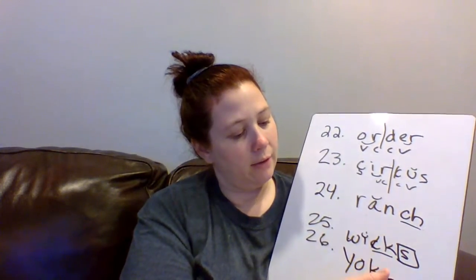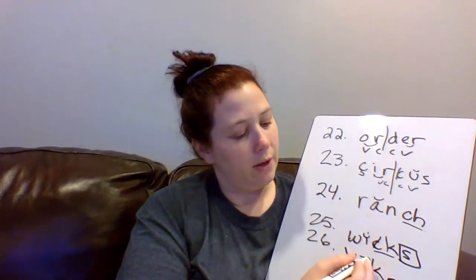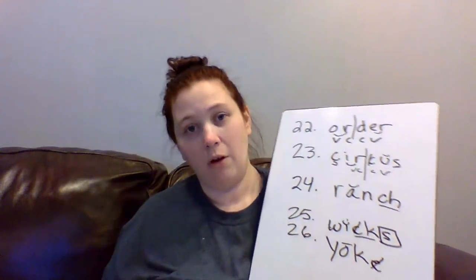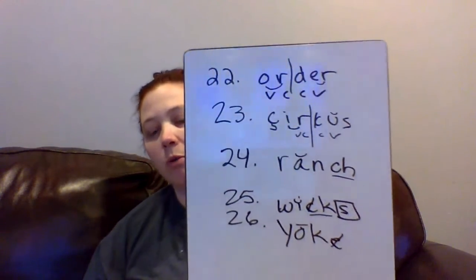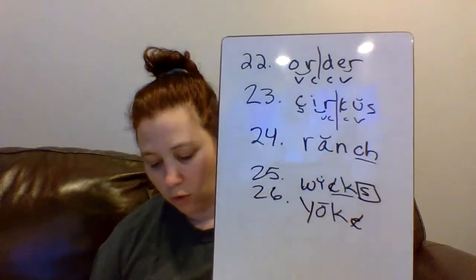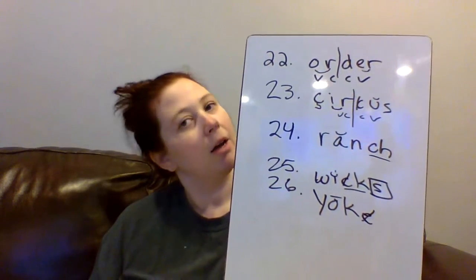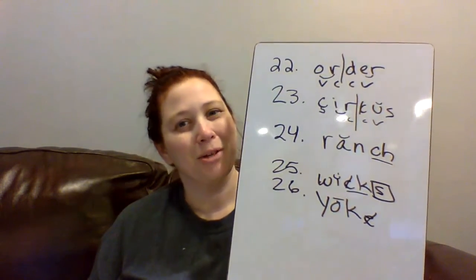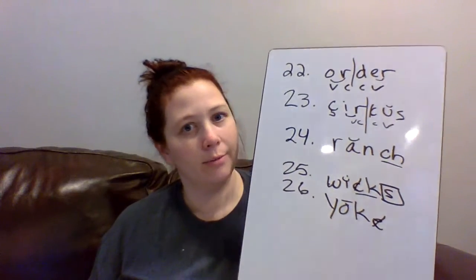Here we have vowel consonant E. So our vowel gets a macron, our E gets crossed off, and it's yoke. Make sure that you also have these on and that you have drawn a line over to the picture that matches the word here.